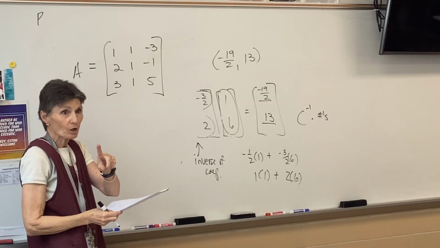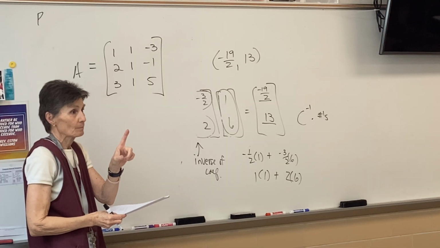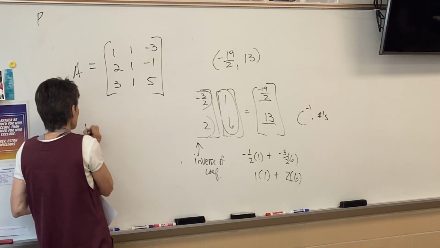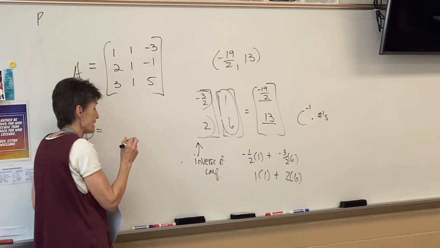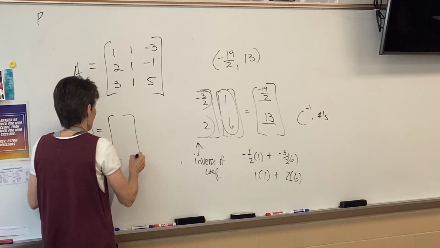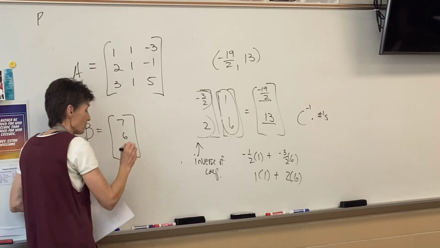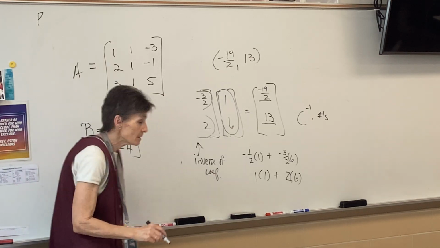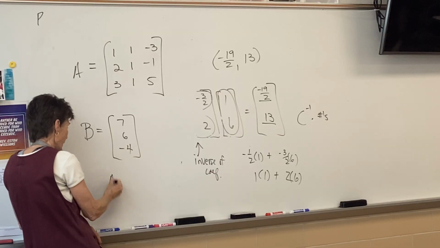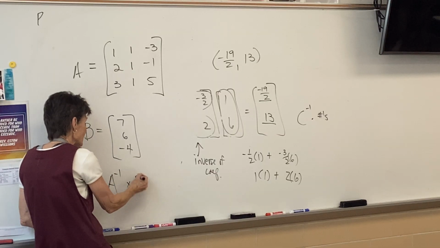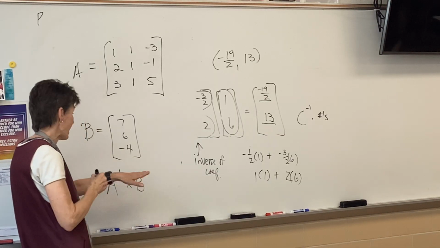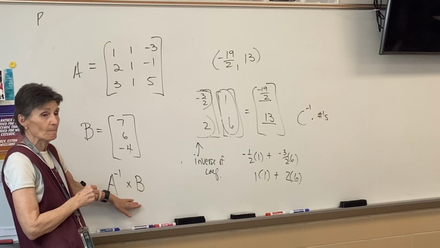So that's going to go in as matrix A. What is going to go in as matrix B? 7, 6, negative 4. Very good. Then you're going to multiply A inverse times B, and that's going to give me my answer.